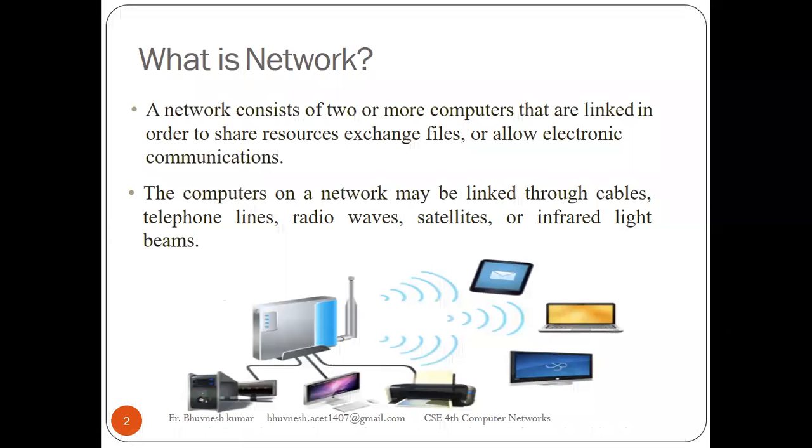First of all, what is a network? A network consists of two or more computers that are connected with each other. This definition we have already studied. A network is formed when two or more computers are connected, or linked, with each other so that they can share any type of data from one PC to another.